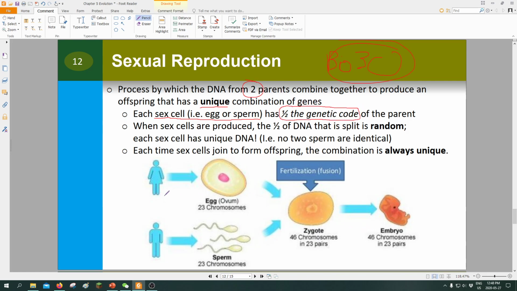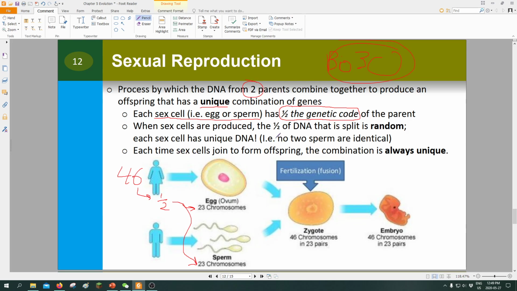So you have 46 chromosomes in 23 pairs. My bad, okay? And then when you make sex cells, your 46 chromosomes actually get halved, and then it splits into 23 chromosomes in the egg or in the sperm. So it only has half of your DNA.